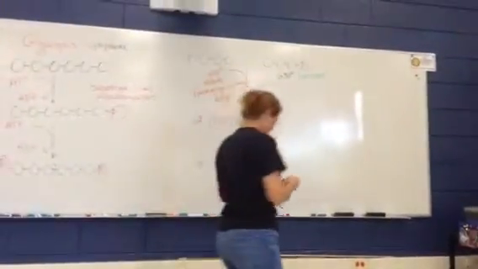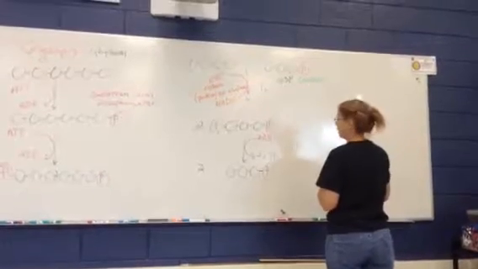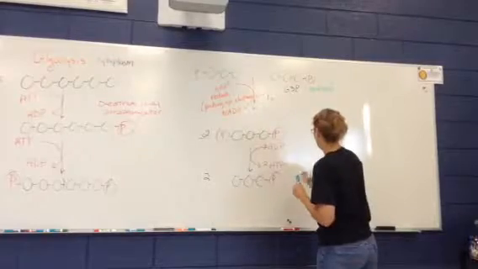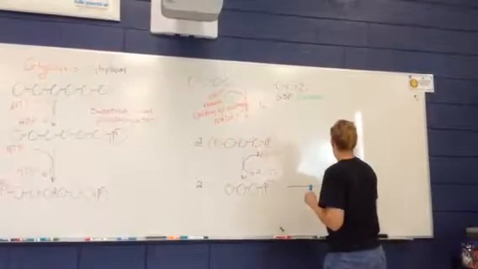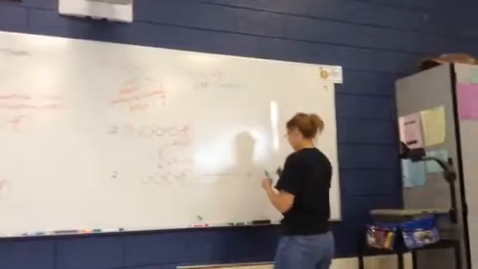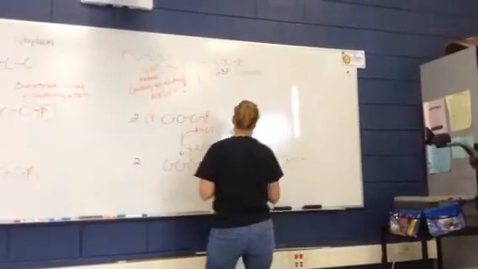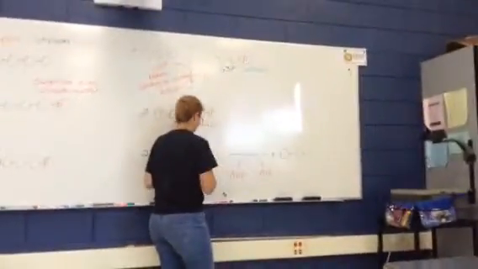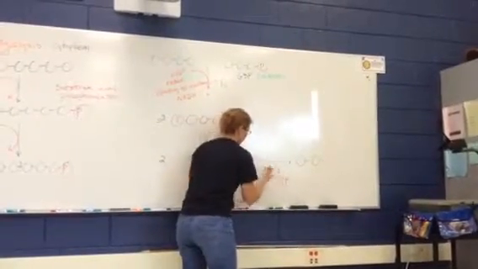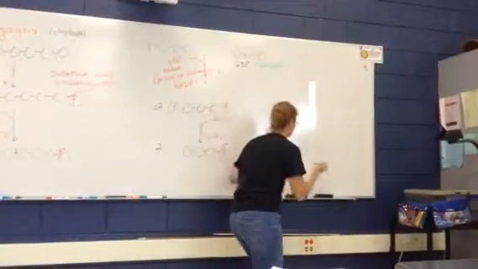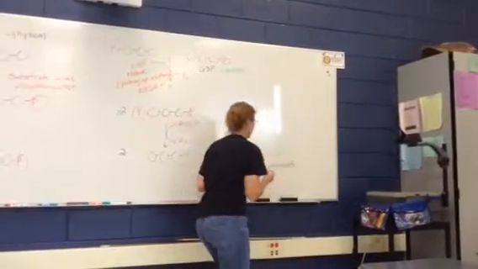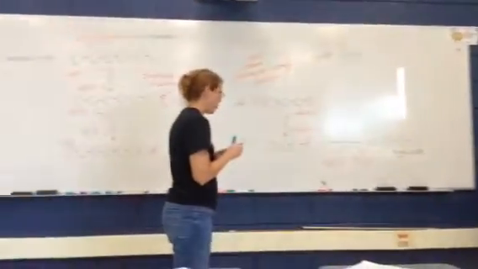We're going to take that phosphate group off, and remember, because we had 2 ADPs, we get 2 ATPs, and then we end up with our molecule called pyruvate, or pyruvic acid, depending on which naming system you go by.